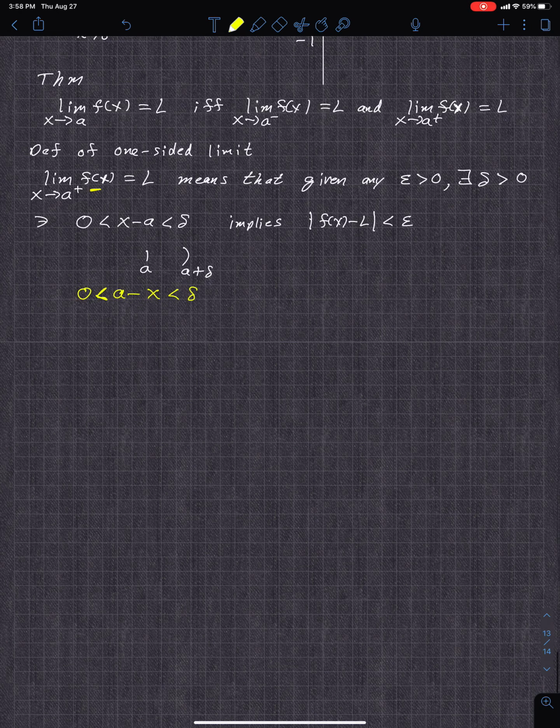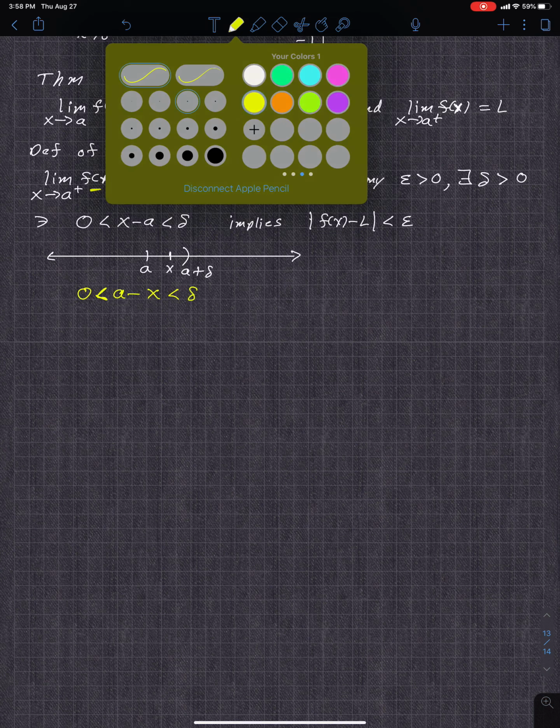So let me draw on this graph a little more carefully, because I actually have that written out for you. The first case is this graph, and where your x values are in here. The second case is this graph.